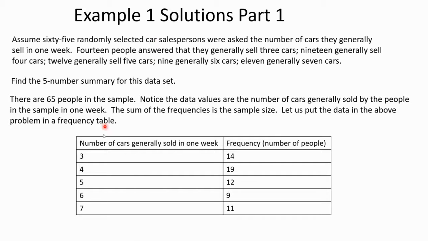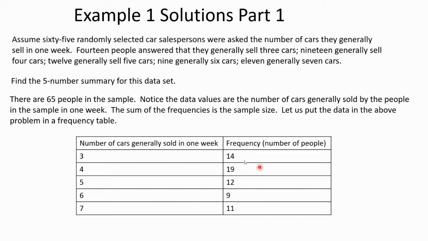That's our data, the number of cars generally sold in 1 week. We have 3, 4, 5, 6, and 7. Frequency then would be how many people for each data value: how many people sell 3, how many sell 4, how many sell 5, and so on. That's what the data would be.